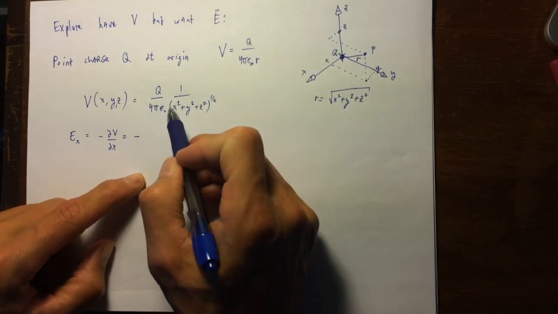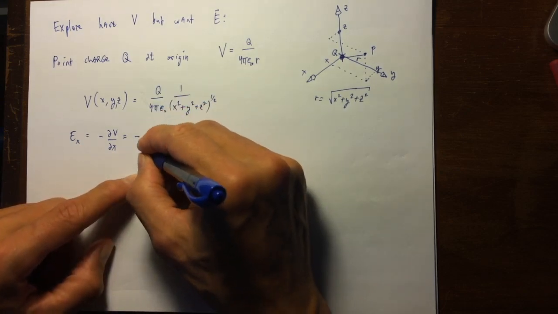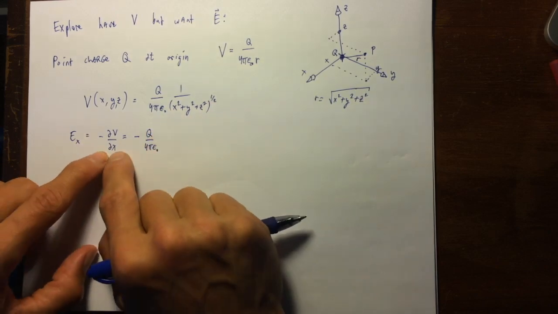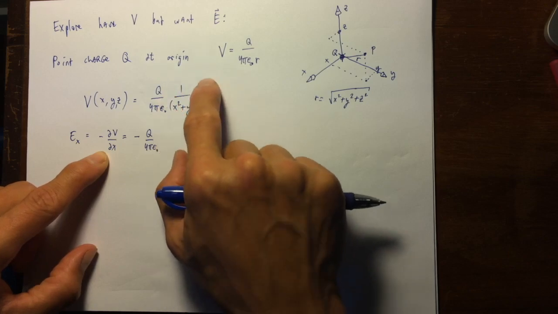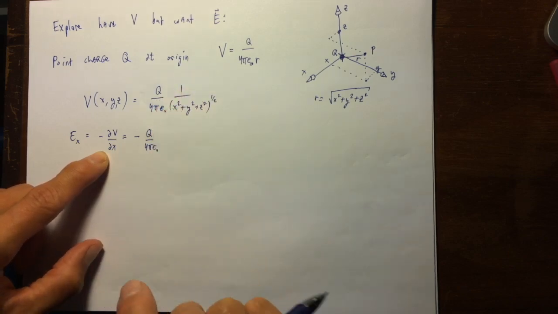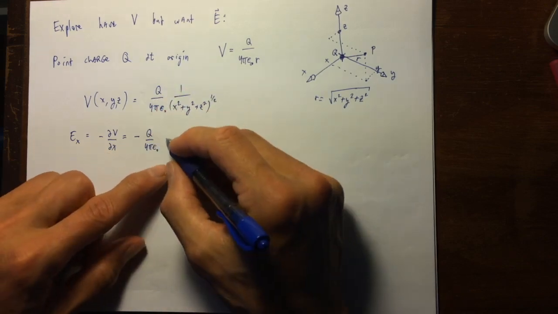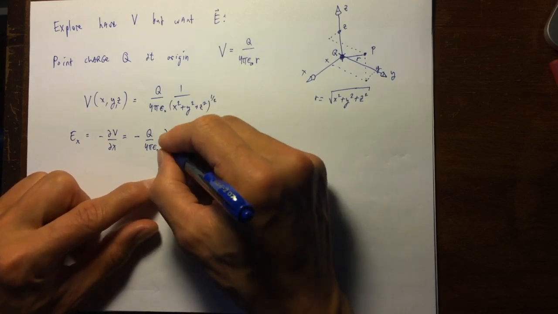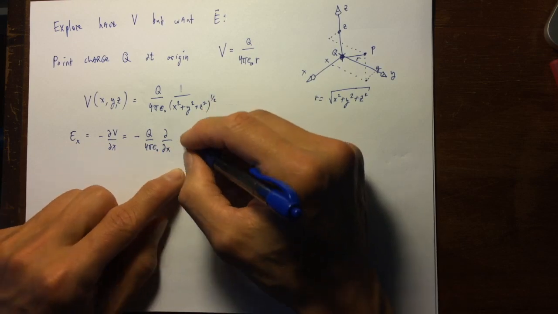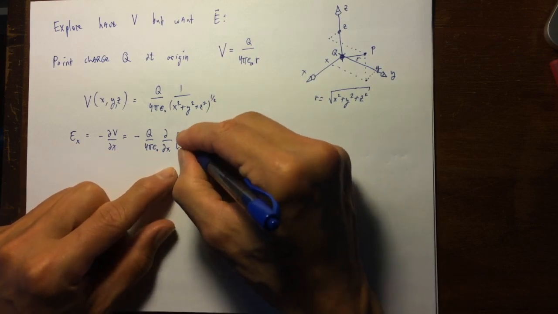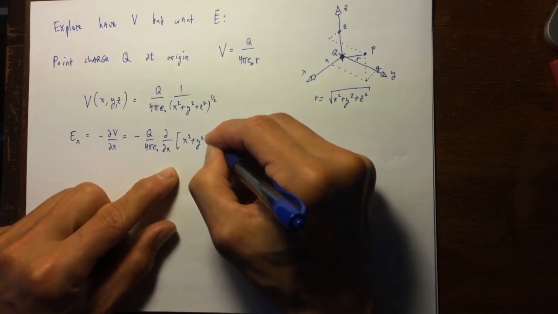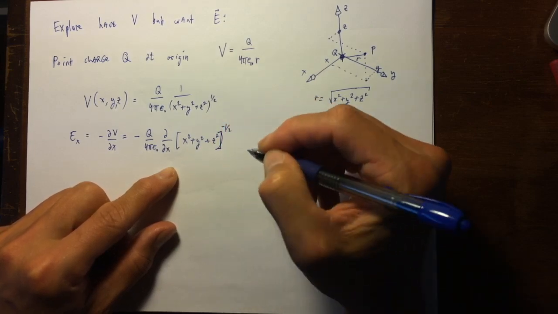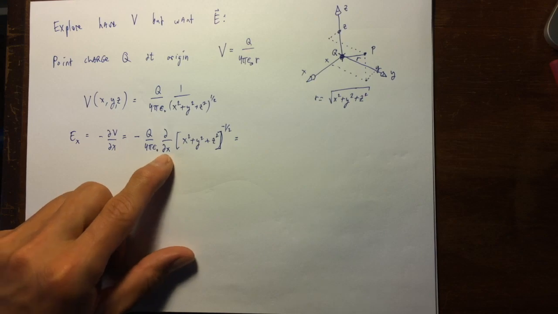So Q over 4 pi epsilon naught, those are all constants. So what I need to do is apply d by dx, this partial derivative, on this 1 over r. So it looks like the following. This is, let me not skip any steps, so this is x squared plus y squared plus z squared raised to the negative 1/2 power.